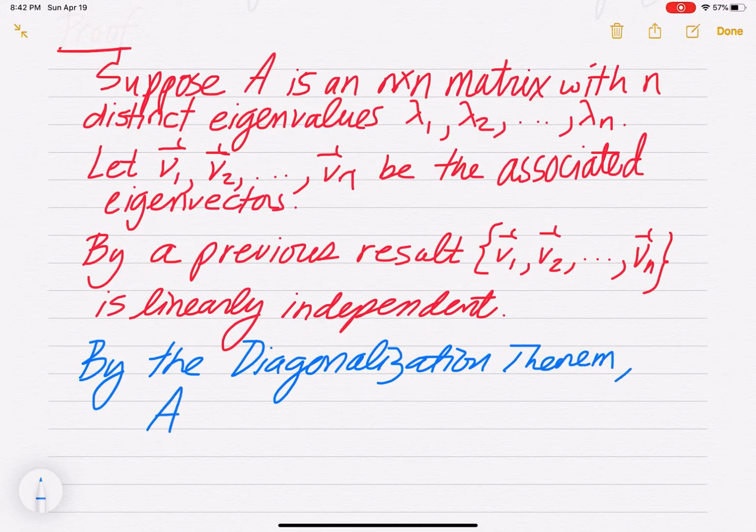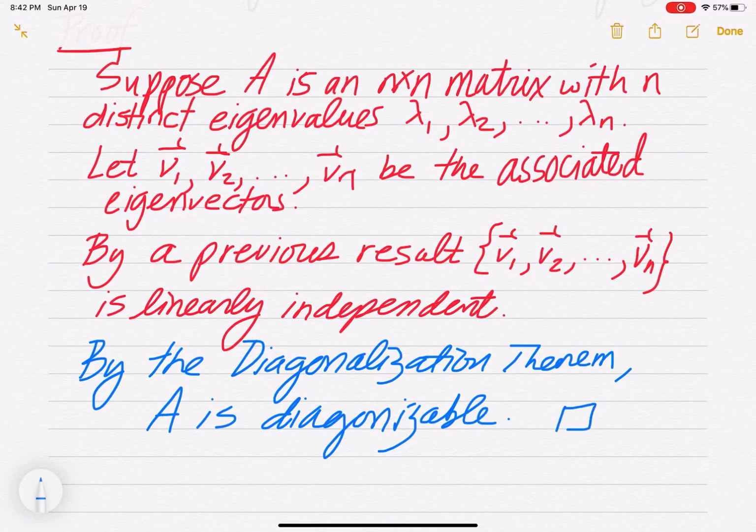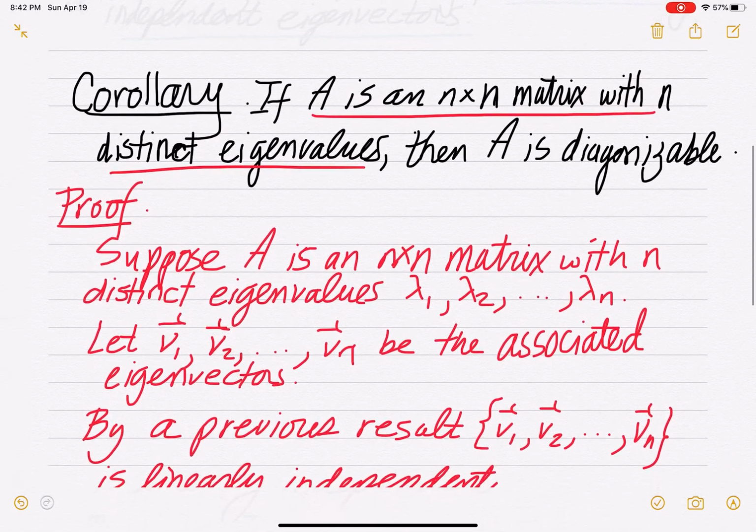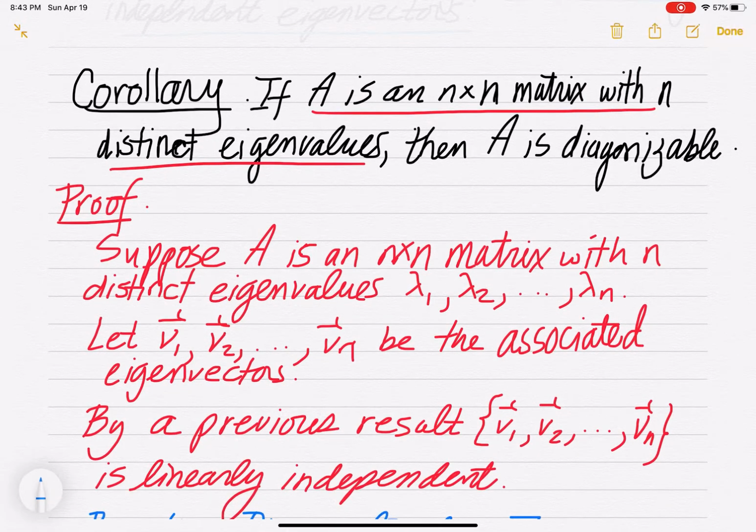And that's what we wanted to arrive at. We were assuming A had n distinct eigenvalues, and we wanted to arrive at A is diagonalizable. And that's what we've proven.